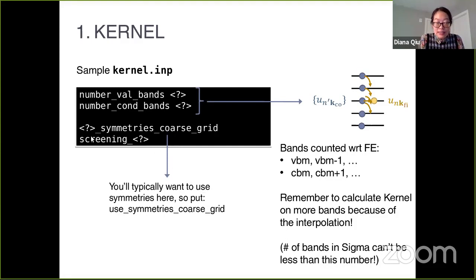And then the same as for the GW calculation, you need to let the code know what kind of material you have. So if it's screening_semiconductor or screening_metallic, in order to let the code know what the correct behavior is in the long wavelength limit.